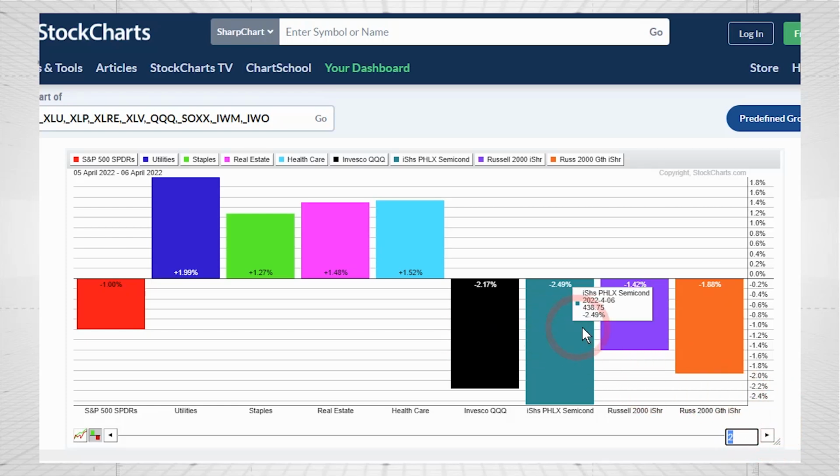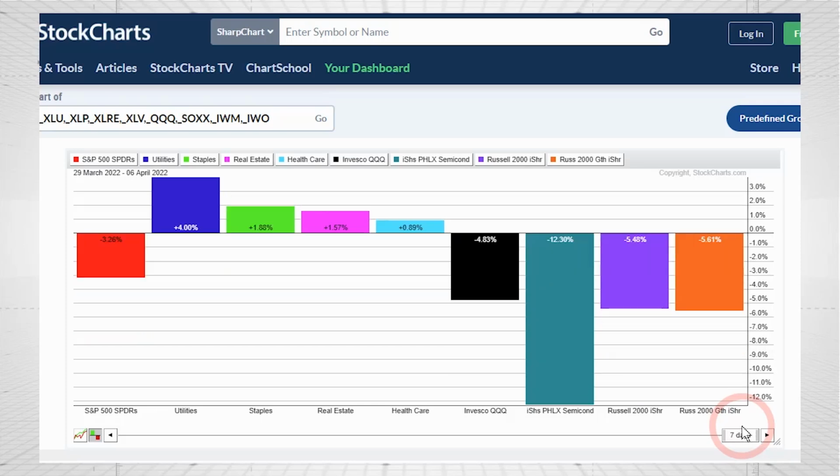And you can see it's risk off because money's moving out of these riskier groups and into these safer defensive groups. If I back this out 7 days, we can see that this has been going on for a while now. Over the last 7 days, these ETFs are down 4.83% or more. Semis are down 12%. Meanwhile, these four defensive groups are actually up over the last 7 days.